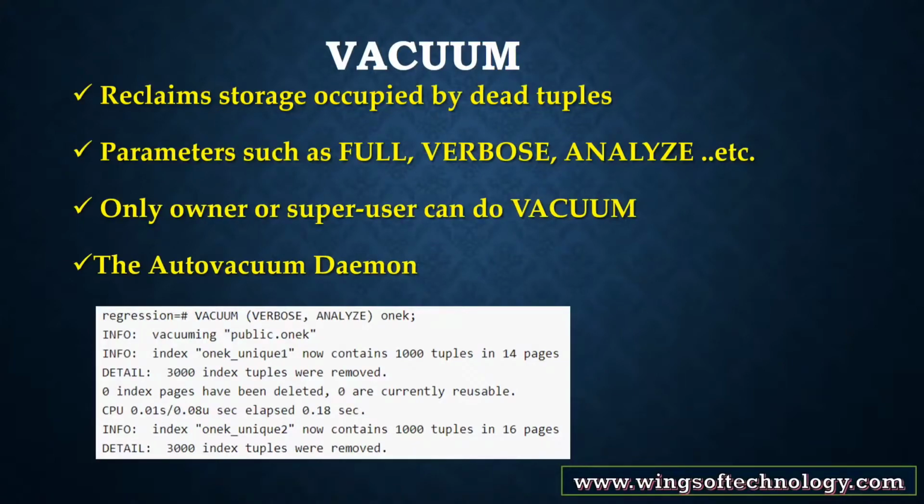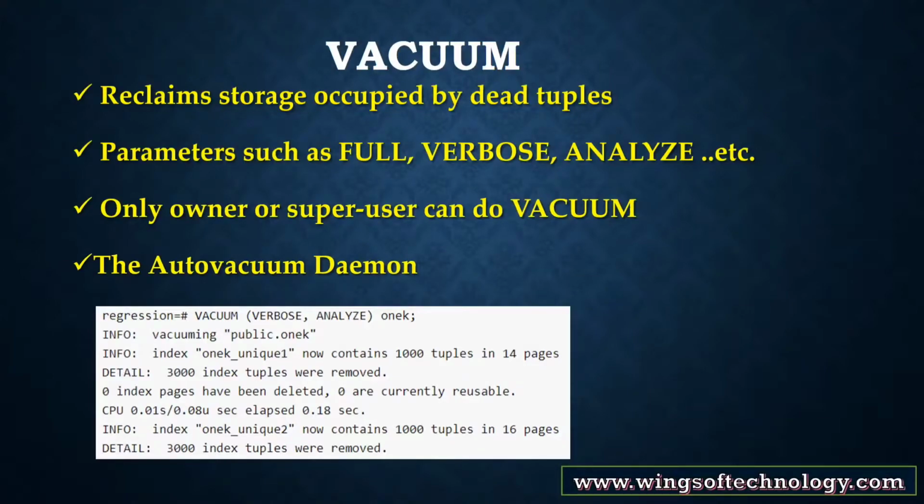Vacuum reclaims storage occupied by dead tuples. In normal PostgreSQL operation, tuples that are deleted or obsoleted by an update are not physically removed from their table, as we discussed. They remain present until a vacuum is done. Therefore, it's necessary to do a vacuum periodically, especially on frequently updated, high volume tables.